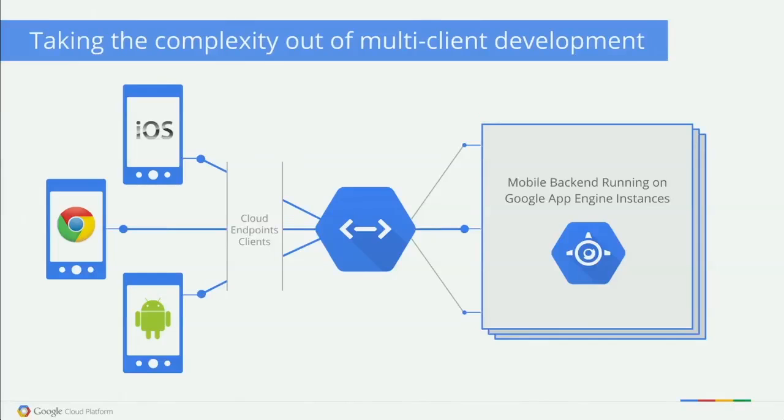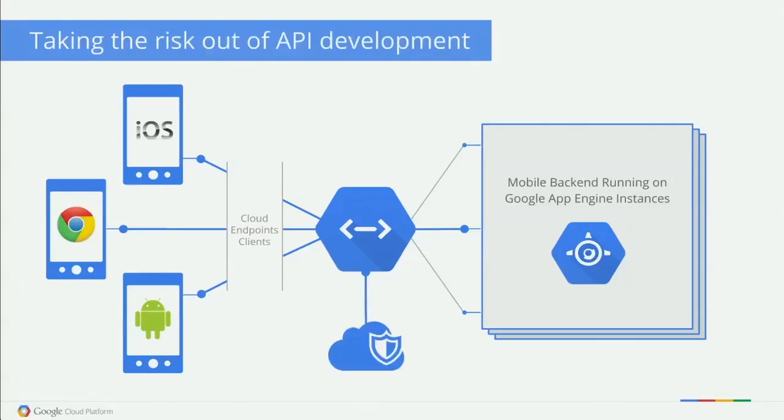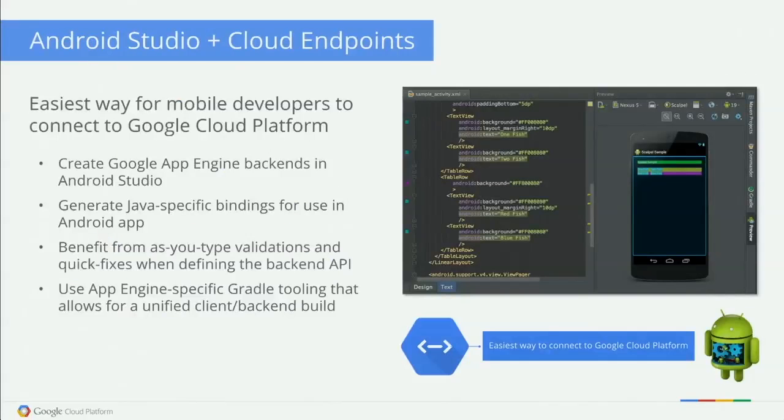So you can automatically generate strongly typed client libraries for those platforms. And finally, Endpoints also take the risk out of API development, in the sense that there is out-of-the-box built-in denial of service protection. There is support for OAuth 2.0, and there's also support for things like client key management and so on.